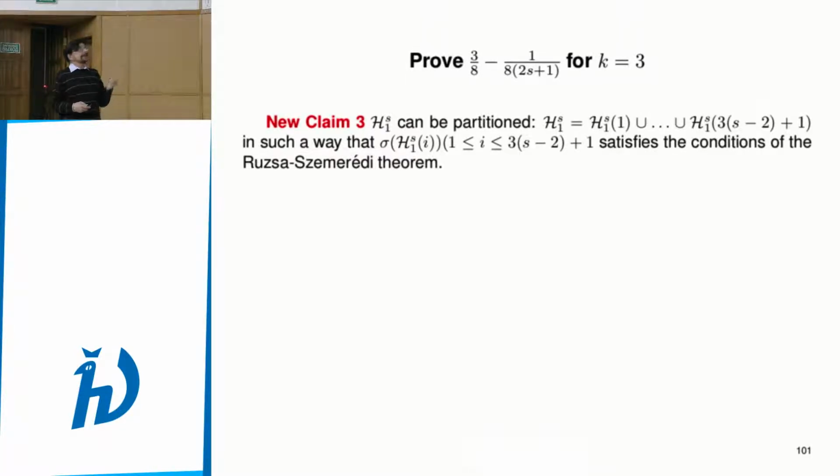And so this is the new claim 3, that this one can be partitioned into many subfamilies in such a way that every one of these satisfies the condition of the Ruzsa-Szemerédi theorem, that the members in the H don't have a common two-element set.